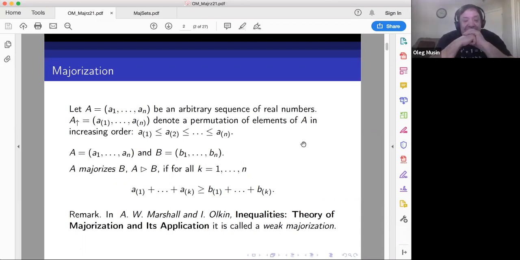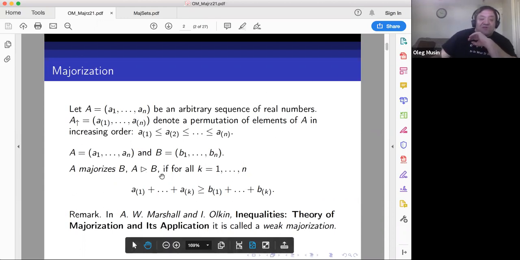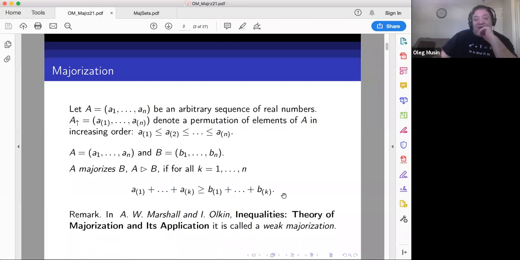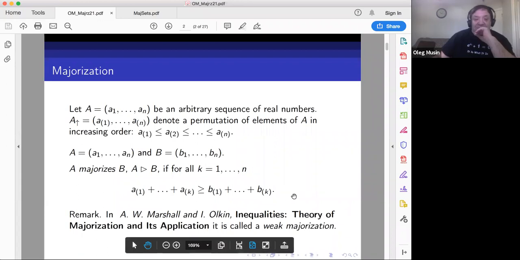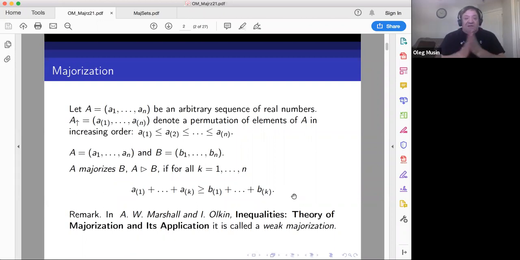We say that A majorizes B, denoted by this symbol, if for any k between 1 and n, we have this inequality: a sub 1 plus up to a sub k is greater than or equal to the same sum for B. That means the minimum of A has to be greater or equal to that of B, and the next one also has to be greater or equal.